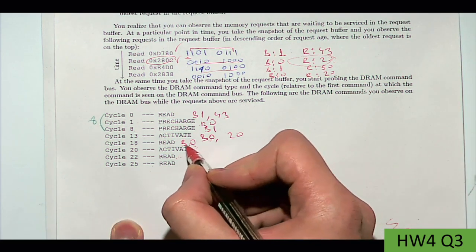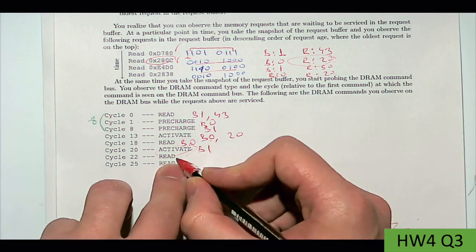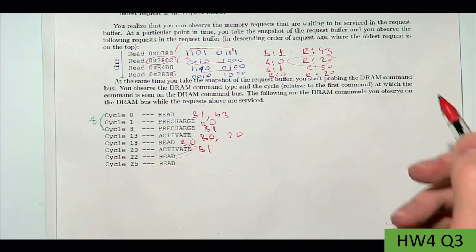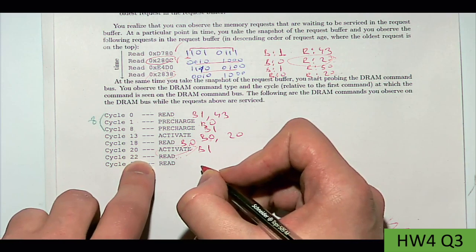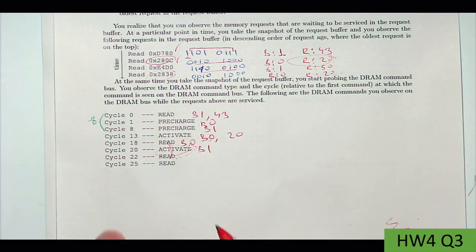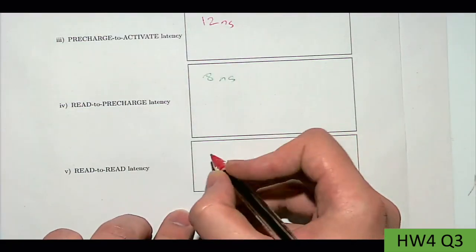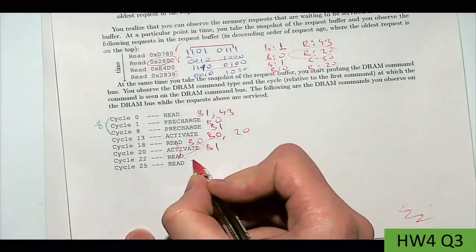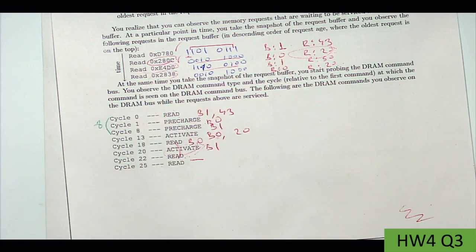While this is being activated, so this activate is bank 1, we can service this last request from bank 0, which also targets row 20. So basically, we have a row buffer hit here. This tells us the distance between 2 read commands, which is 4 cycles here. So read to read latency is 4 nanoseconds. Then we complete by servicing the last read request, the third request in this order.